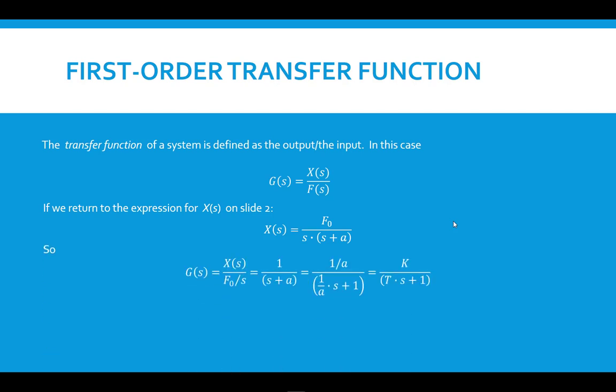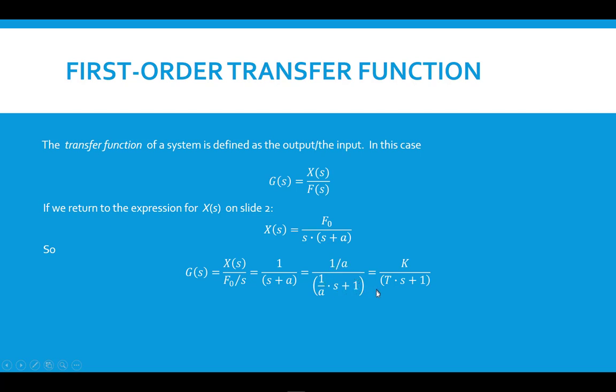So what we found is that this is our output, this is our input here, and if we perform this algebra here and divide through by f0 over s, you'll see that we get this. We can manipulate this. Oftentimes what you want in a transfer function is you want the constant value in the denominator to have a value of 1. So what we can do is divide the top and the bottom by a, and if we do that we get this expression here.